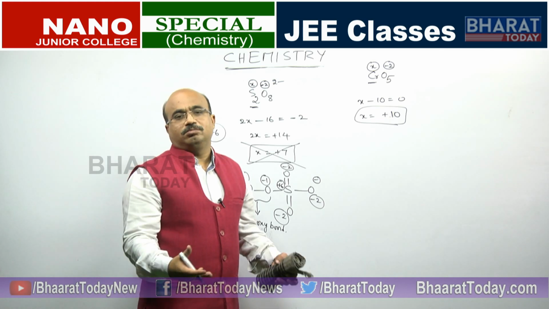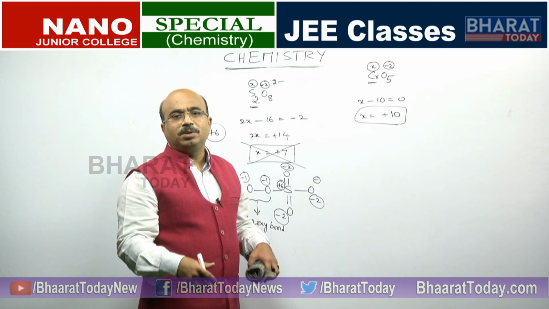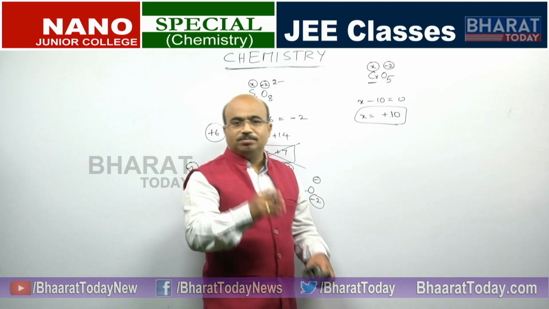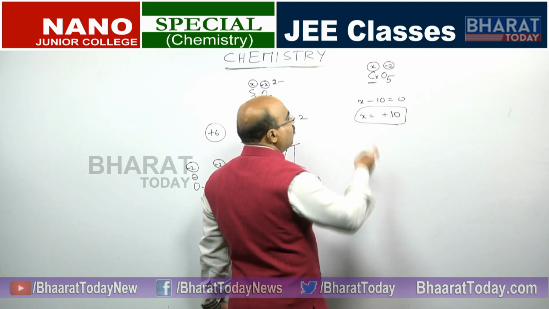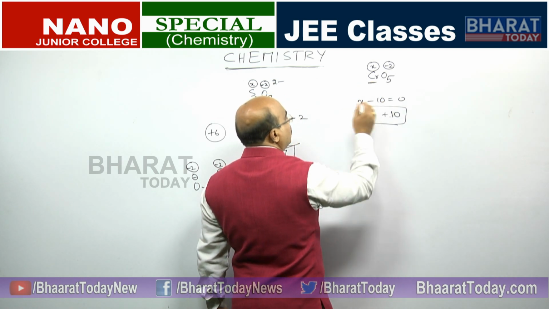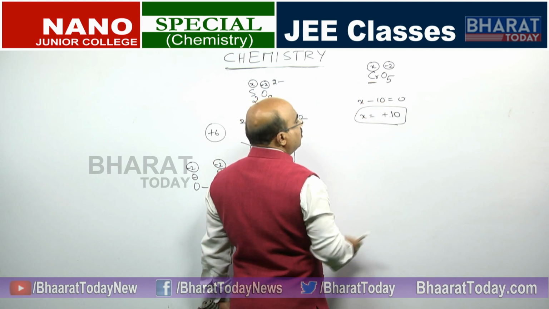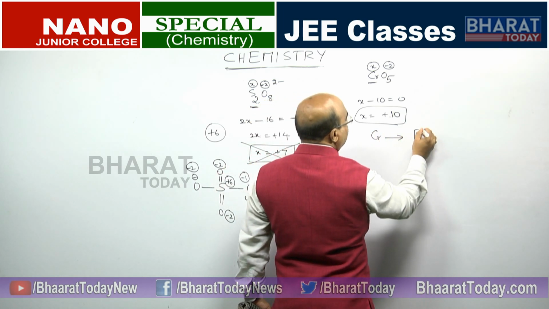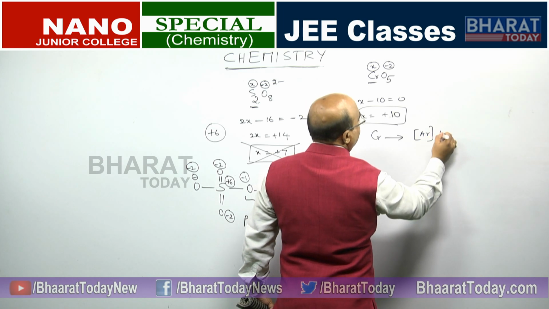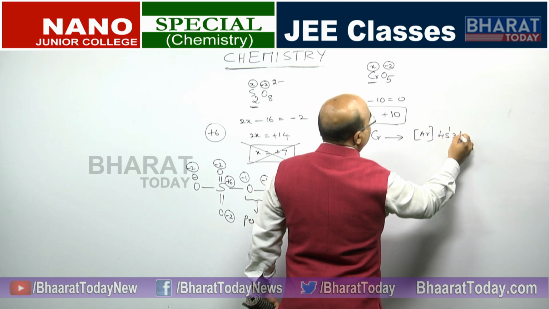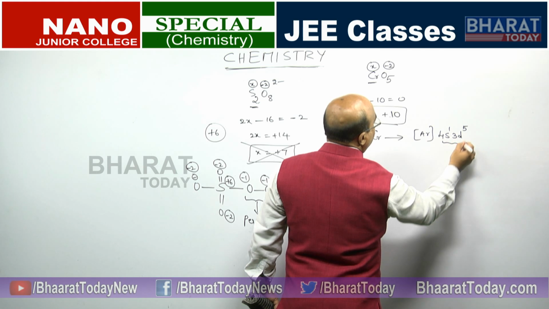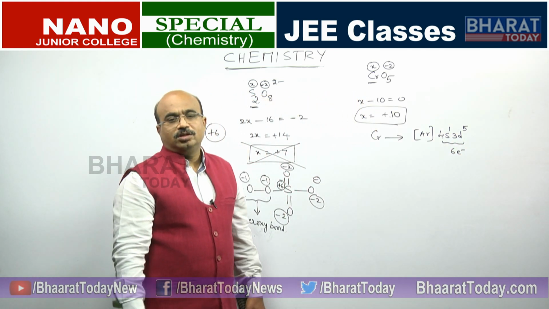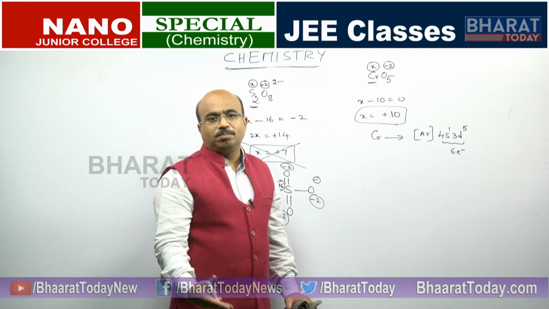But can the total charge on chromium be +10? So, how many electrons exist in chromium? If you know the configuration of chromium, it is argon 4s1 3d5. So, the total number of electrons is 6. That means chromium cannot have more than +6.